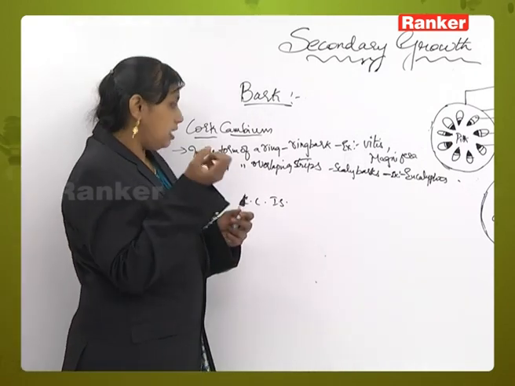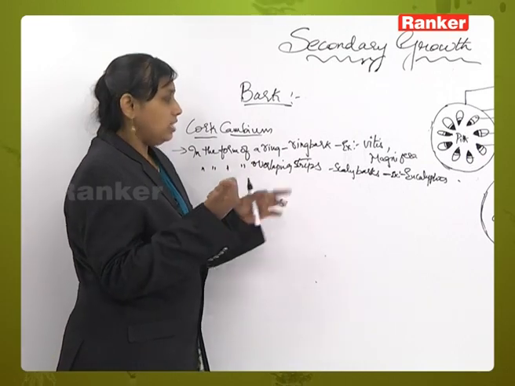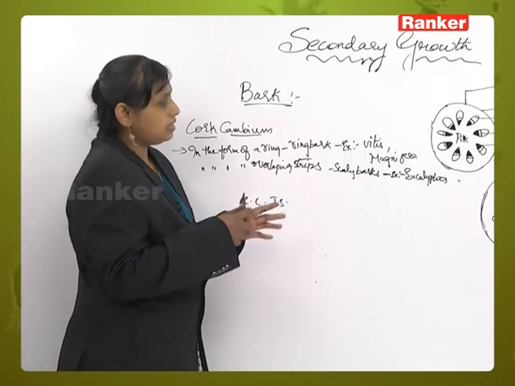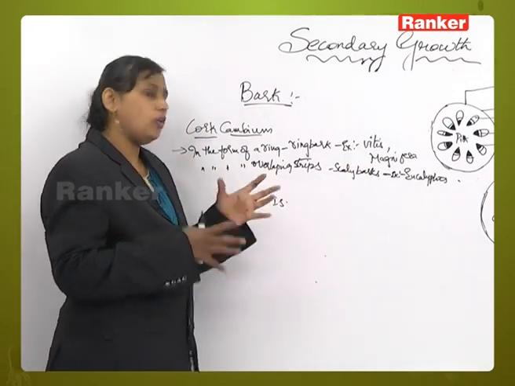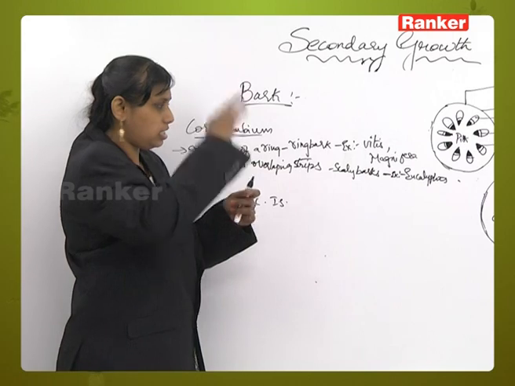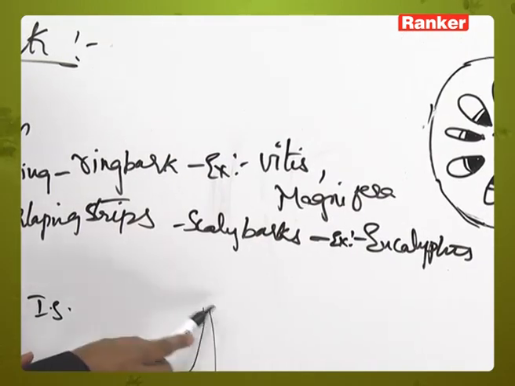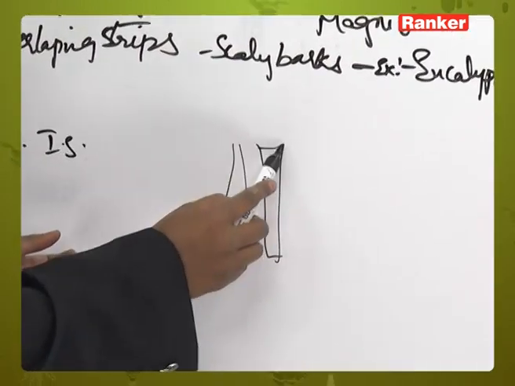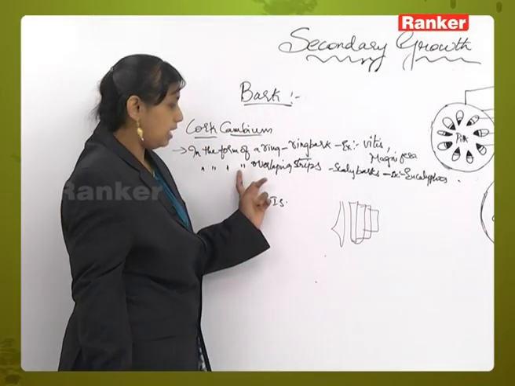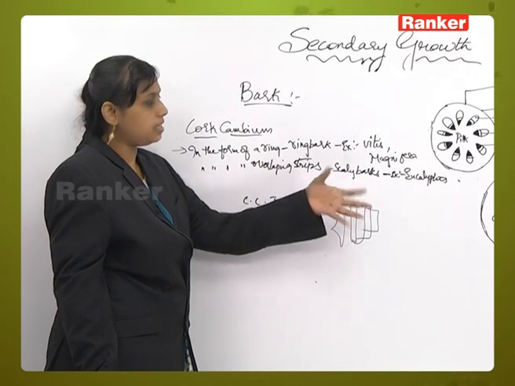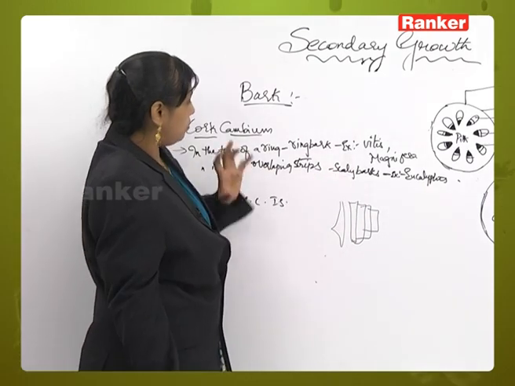If it is in the form of a complete ring, that bark is called ring bark. Example, you can see in Mangifera indica and Vitis. And if it is in the form of overlapping parallel strips, then that type of bark is called scaly bark. Example, eucalyptus. This is about your bark.